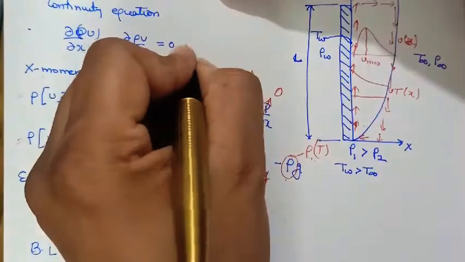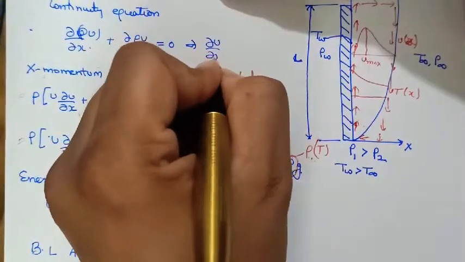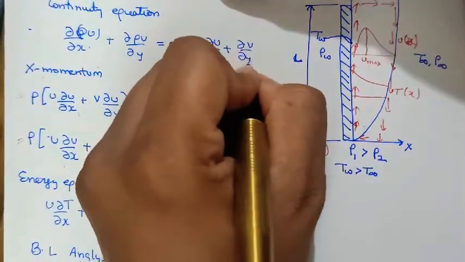We can write as du by dx plus dv by dy is equal to 0.